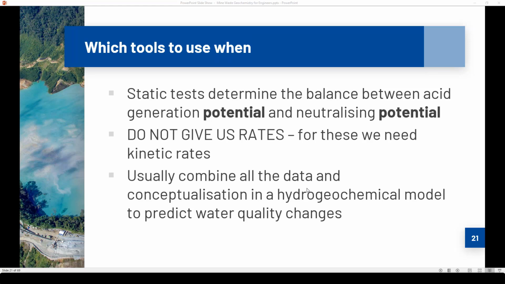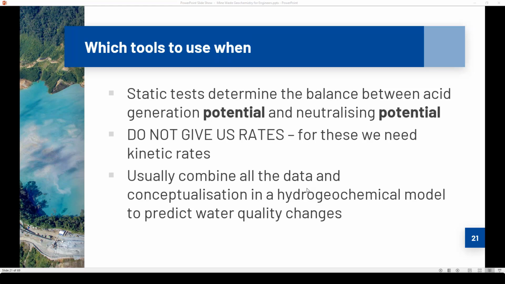We will also, in static tests, try and understand what the metal content is of particular samples. The very important thing for us to understand is that the static tests do not give us the rates at which those processes can occur. And for us to get those rates, we need to use other tests.